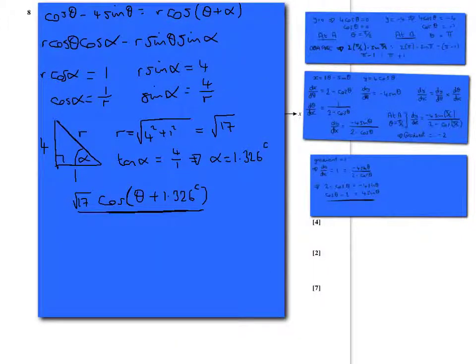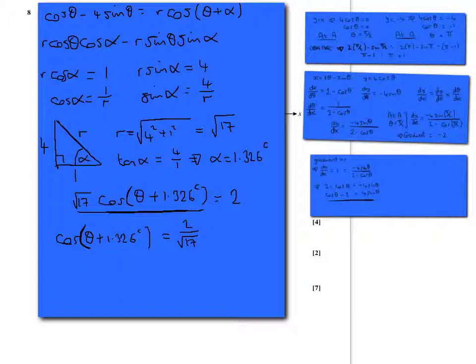Now, to try and solve cos theta minus 4 sin theta being equal to 2, we can instead use root 17 cos(theta plus 1.326 radians) is equal to 2. Simplifying this gives cos(theta plus 1.326) is equal to 2 over the square root of 17.